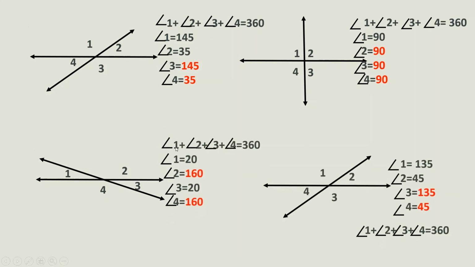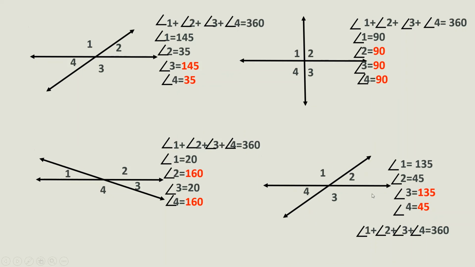Here, angles 1, 2, 3, 4 equal 360 degrees. Angle 1 is equal to 20 degrees. That means angle 3 should also be equal to 20 degrees. Angle 2 is equal to 160 degrees. That means angle 4 is also equal to 160 degrees.